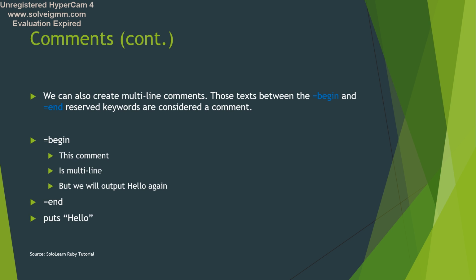You can also create multi-line comments. Text enclosed between the begin and end reserved keywords is considered a comment. Everything between them will be ignored, and the code that will be executed is only puts hello.